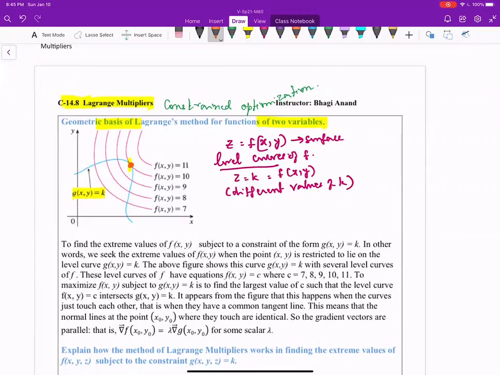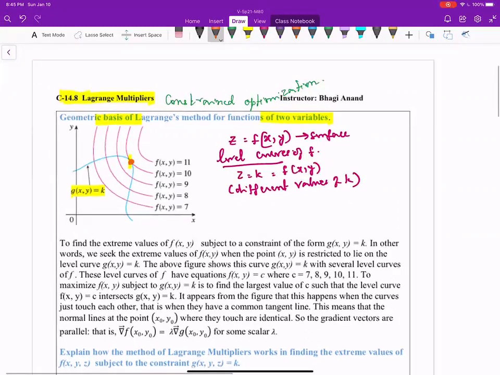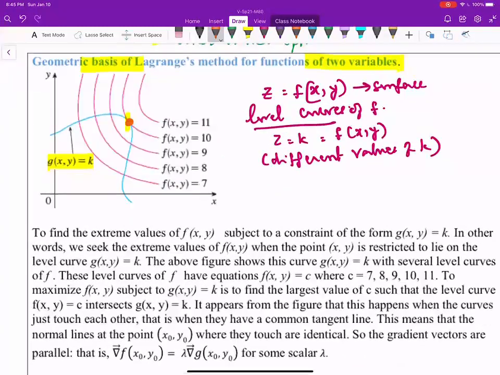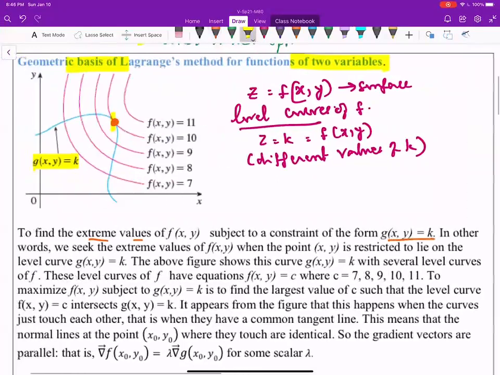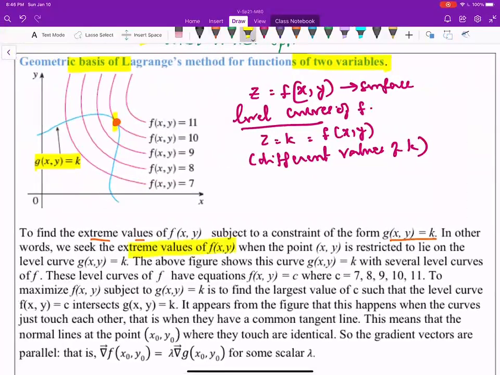So let's see what the problem is. The whole goal is to find the extreme values of f of x, y, the maximum and minimum, but with a certain constraint. To find the extreme values of f of x, y subject to a constraint of the form g of x, y equal to k, in other words, we seek the extreme values of f of x, y when the point x, y is restricted to lie on the level curve g of x, y equal to k.